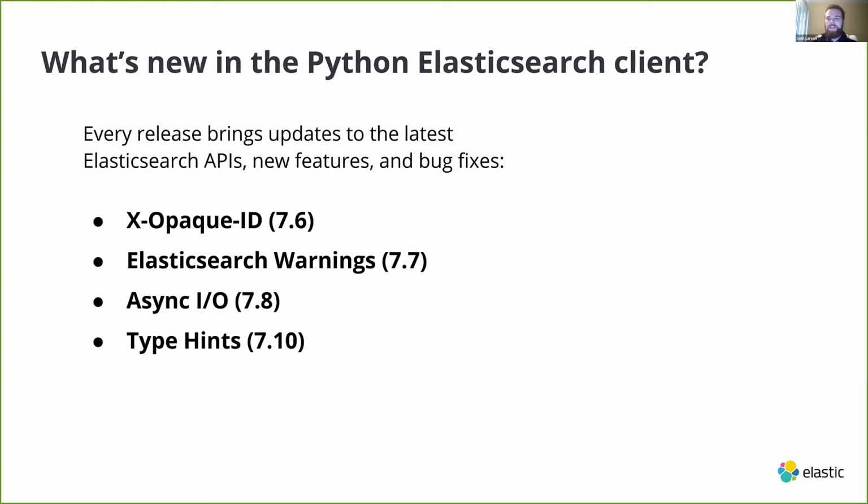But in addition to those new APIs, we also upgrade features that aren't API related. So things like X-Opaque-Id for tracing long-running requests in your logs, and Elasticsearch warnings. There's this feature in Elasticsearch where Elasticsearch will tell you when you're using a deprecated API.